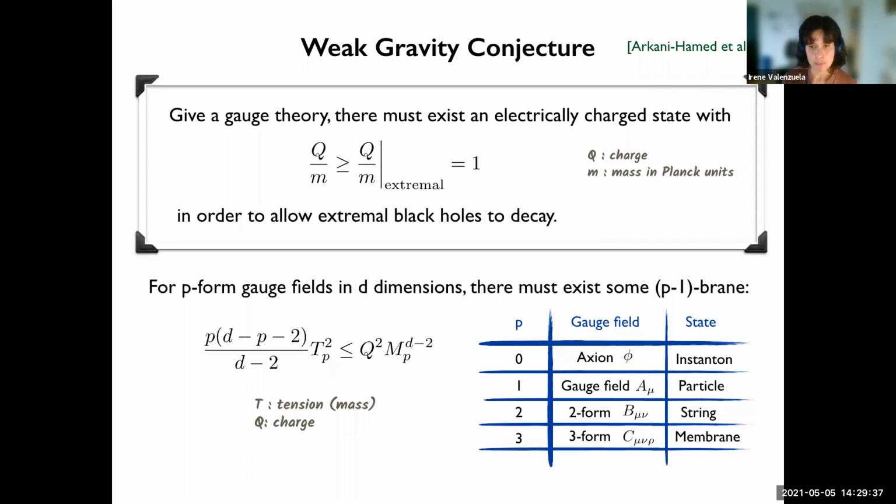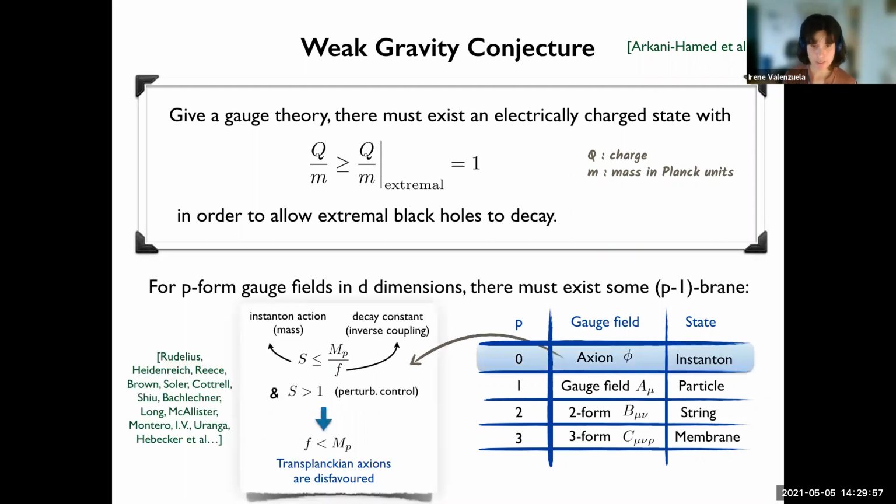Now, in principle, this should apply not just for particles, but for any p-form gauge field that you have. If you have a 2-form gauge field, then you are talking about having strings. And if you have an axion, then it means that you should have some instanton that is electrically charged under the axion, such that the action of the instanton is smaller than 1/f, where f is the decay constant.